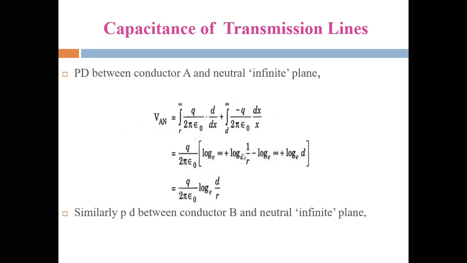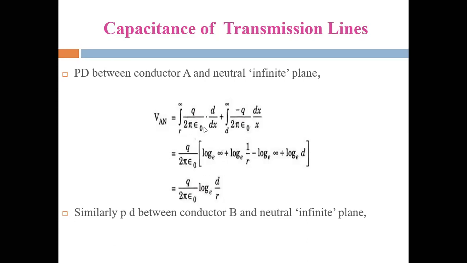That's why the potential difference between conductor A and the neutral infinity plane, VAN, is equal to the integral from r to infinity of q by 2 pi epsilon naught, dx by x, plus the integral from d to infinity of minus q by 2 pi epsilon naught, dx by x. Conductor B has a charge of minus q coulombs, which is why we take minus q.